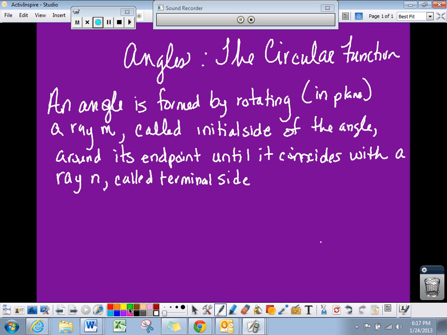So basically, the only thing we're saying here is we have a ray, and when I get a little bit better, I can use the toolbar to give me the rays to be straighter lines. But this would do for now. So the yellow is called your terminal, and the green is called your initial.